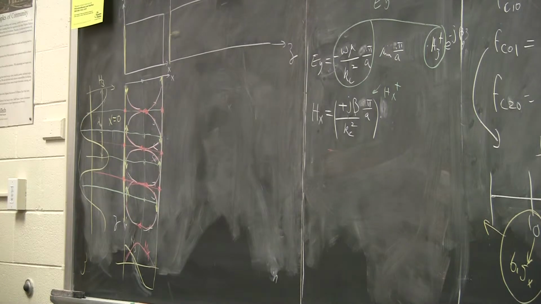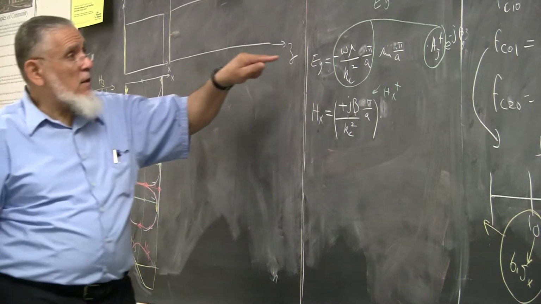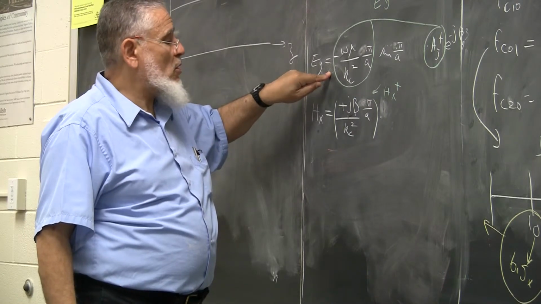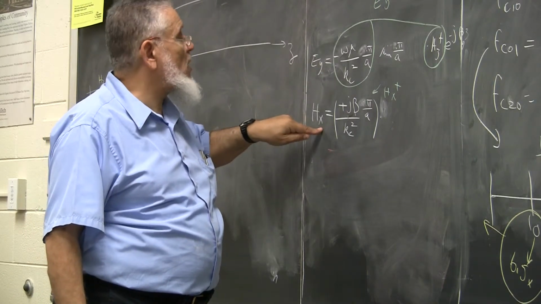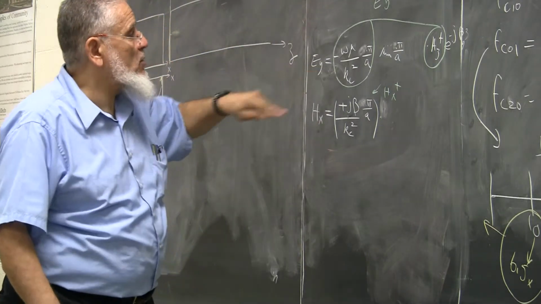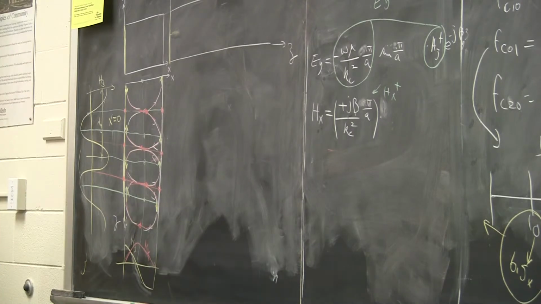Finally, we add the E, and the E is in quadrature with the h sub x, like it's in phase with the h sub z, except for a minus sign. So it's out of phase with it, and it is a sine.